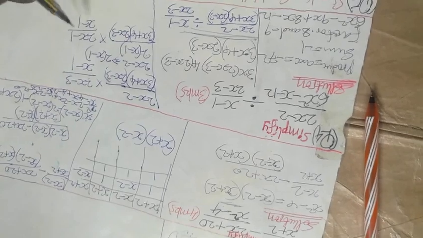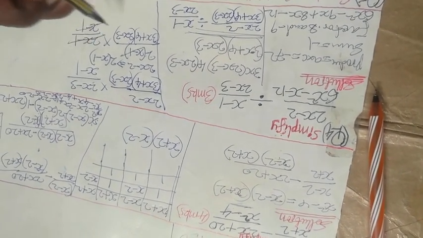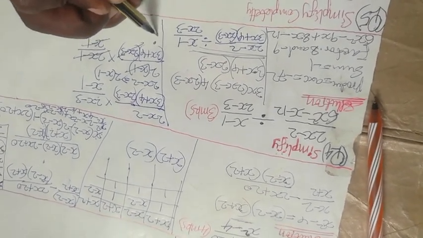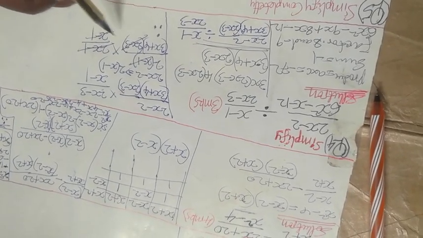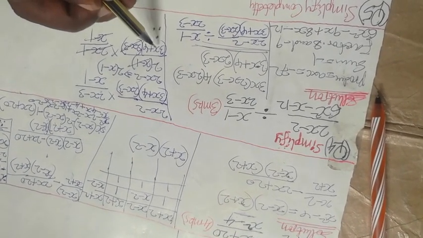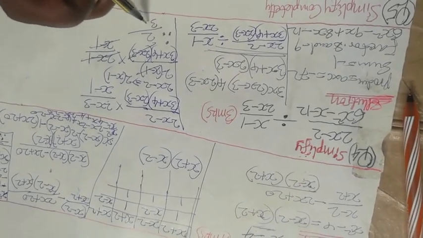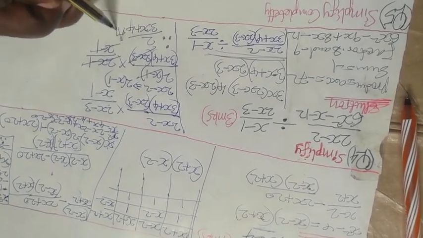This will cancel with this, and this part will cancel with this. Therefore, we are remaining with the 2 and 3x plus 4. This is our final answer.